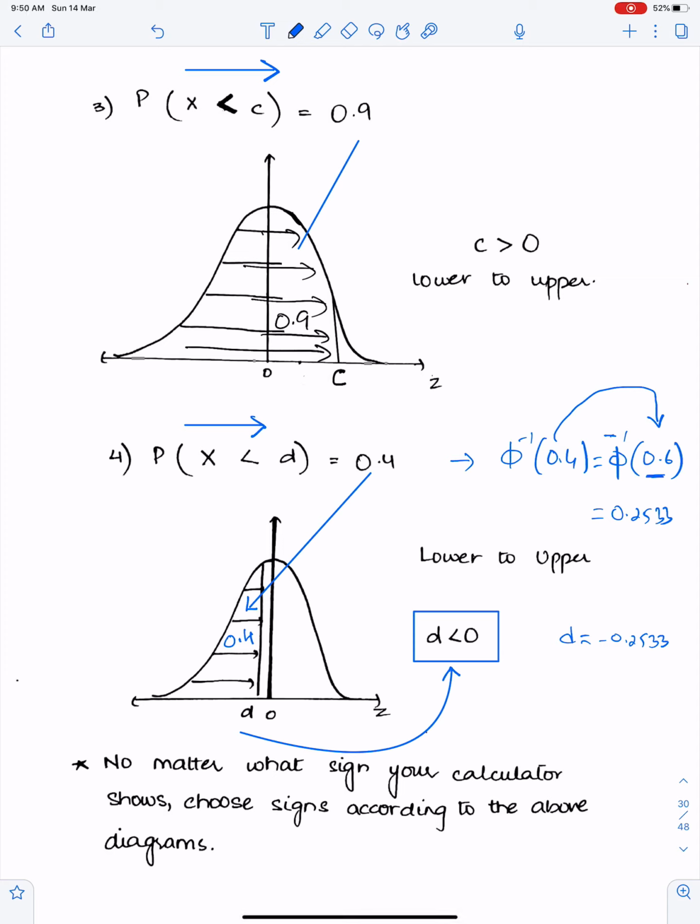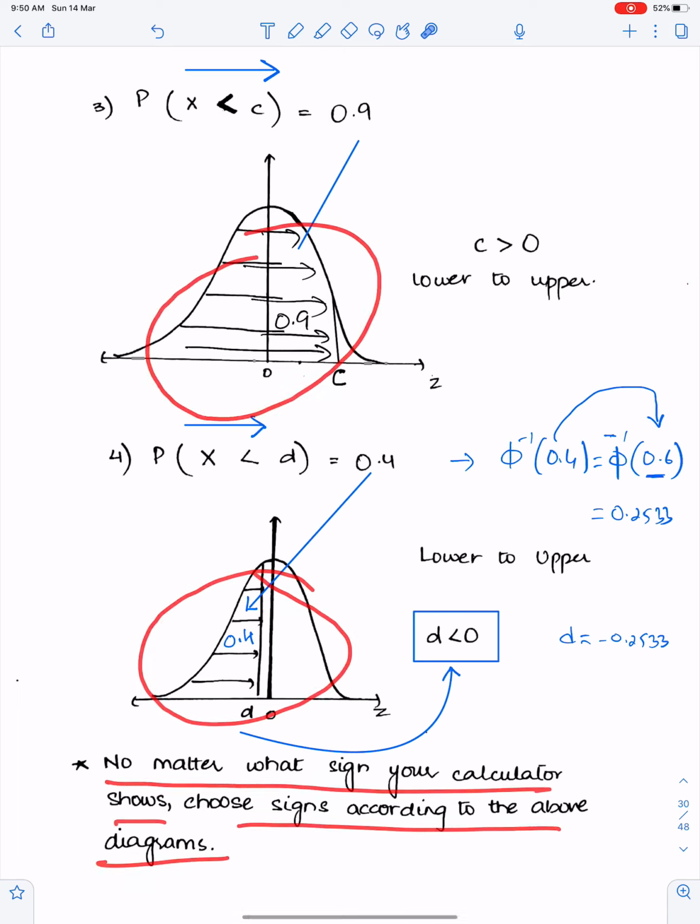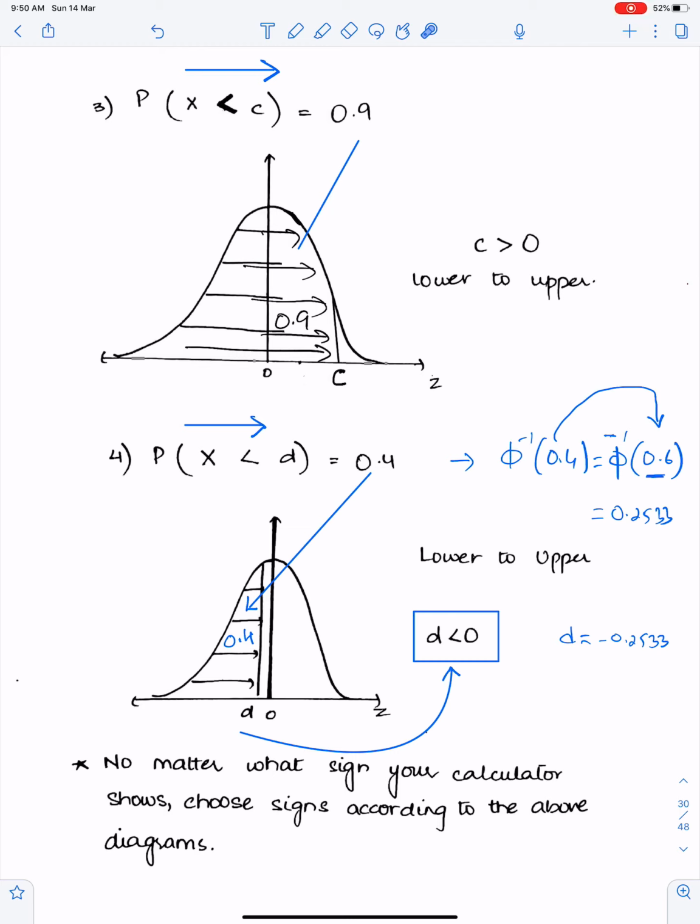Neither your table nor your calculator will give you the right sign. You have to decide this negative sign from the sketch. Since your constant is negative, you need to put the negative sign yourself. So no matter what sign your calculator shows, choose the sign according to the above diagrams. Your diagrams will tell you the correct signs.